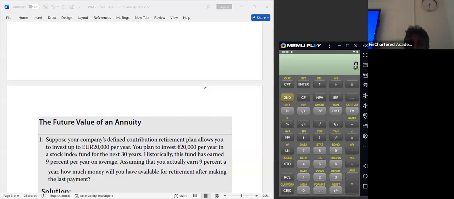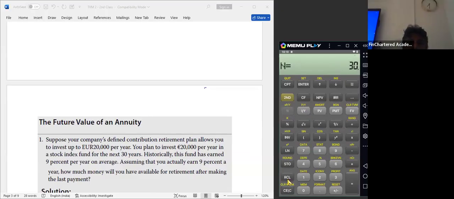It's just that you have to put 20,000 in your PMT. You have to find your future value, so keep PV at 0. It's for 30 years, so N has to be 30. And what's going to be I/Y, guys? It's giving a return of 9%, right? So put that 9% in I/Y.